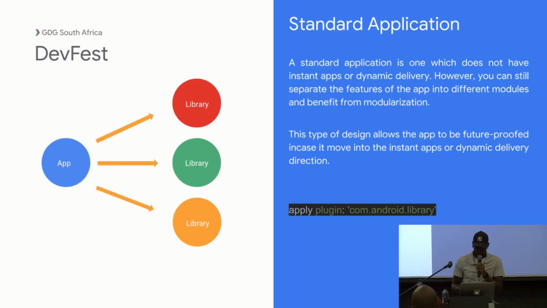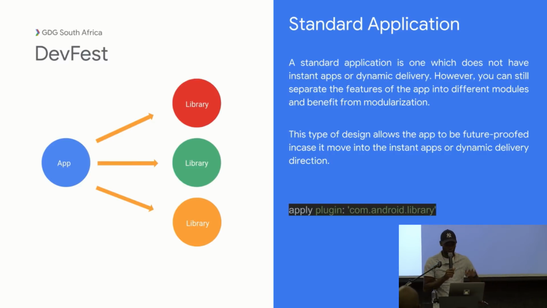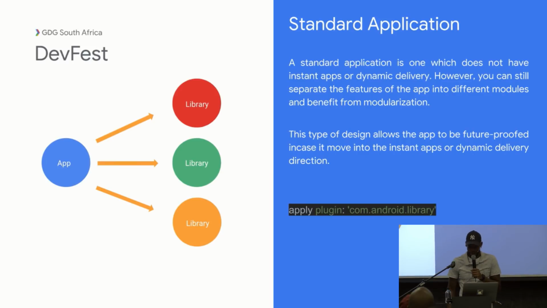In order for us to understand different feature modules, we need to understand the type of applications we might have in Android. So there's a standard application which we have spoken about. A standard application is one which does not have instant apps or dynamic delivery features.